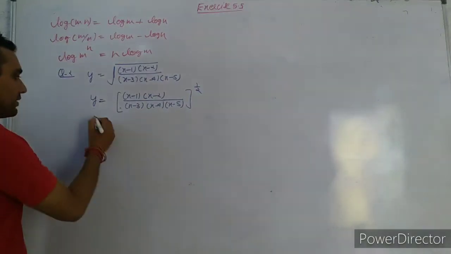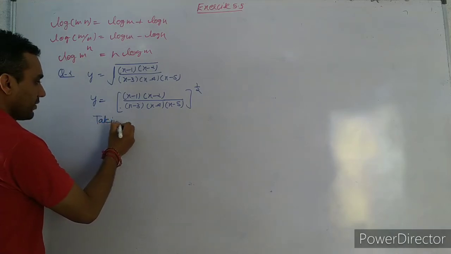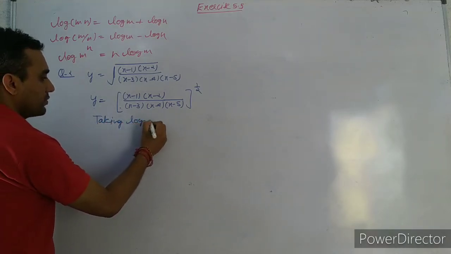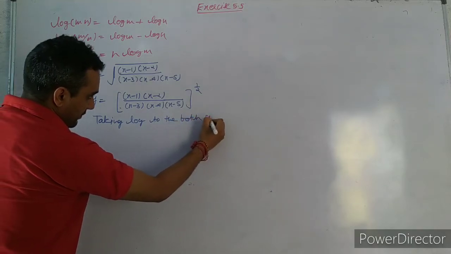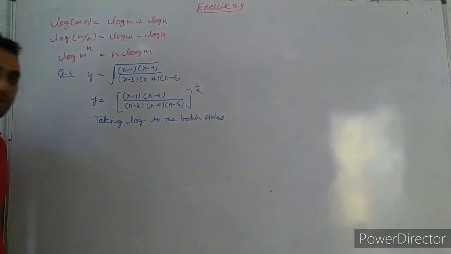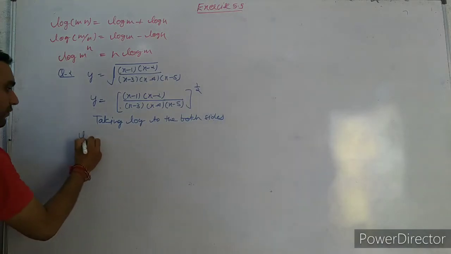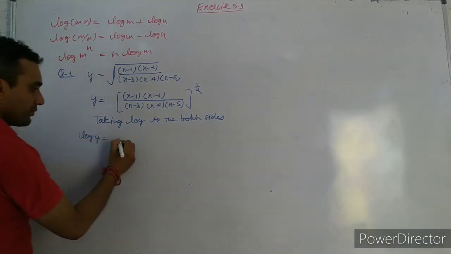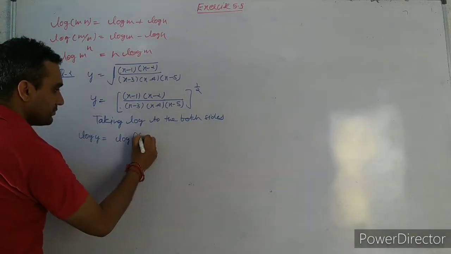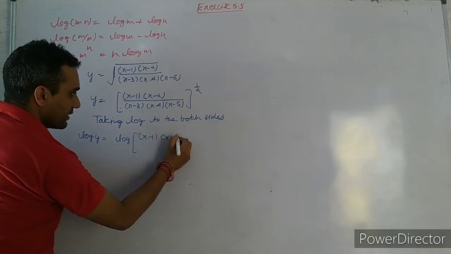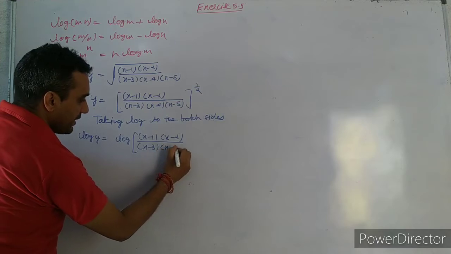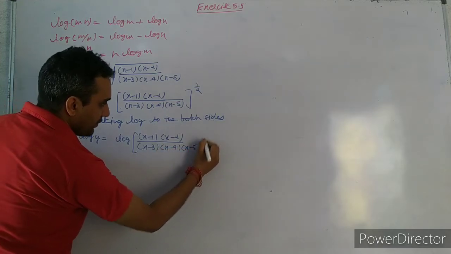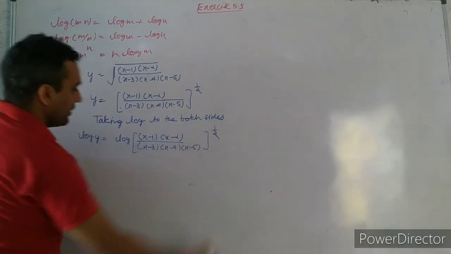Now again, taking log to both sides, which will give me log y equals log of (x minus 1)(x minus 2) upon (x minus 3)(x minus 4)(x minus 5) to the power 1 by 2.